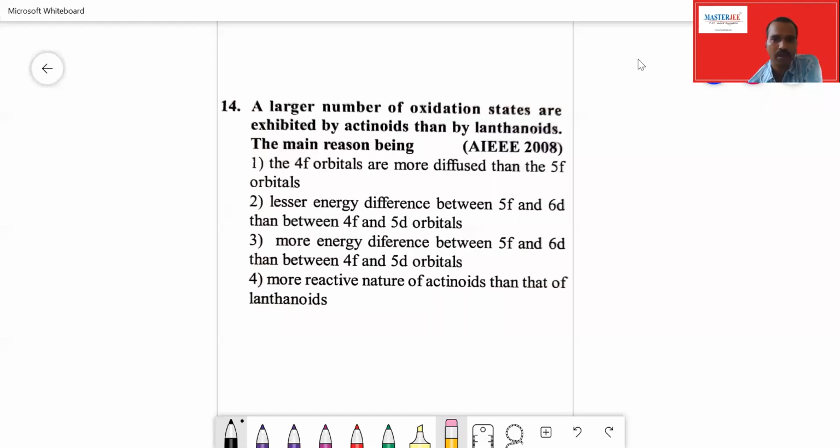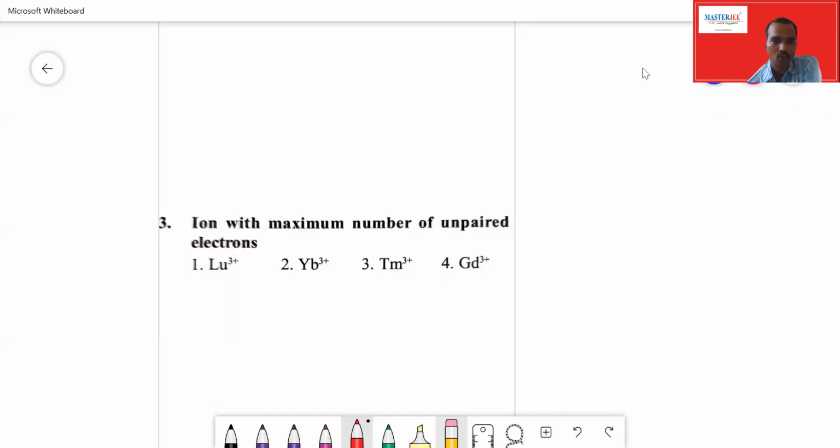Next, a larger number of oxidation states are exhibited by an actinide than by lanthanides. The main reason is the lesser energy difference between 5f and 6d than between 4f and 5d orbitals. Because of this reason, these exhibit a larger number of oxidation states. Next, the ion with maximum number of unpaired electrons is gadolinium plus 3, which we already discussed in a previous question.